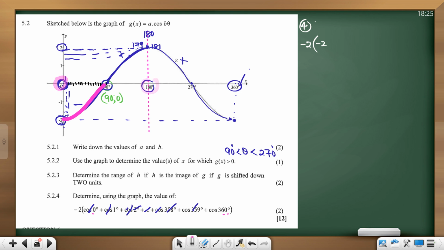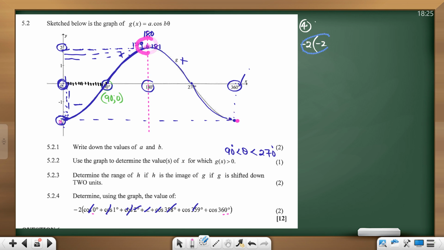So all of this gets cancelled out by all of that, except 360. Why are we leaving 360? Because 360 doesn't have a partner anymore. It's supposed to have been cancelled by this, but this has been cancelled. So our answer is just, what would our answer be?